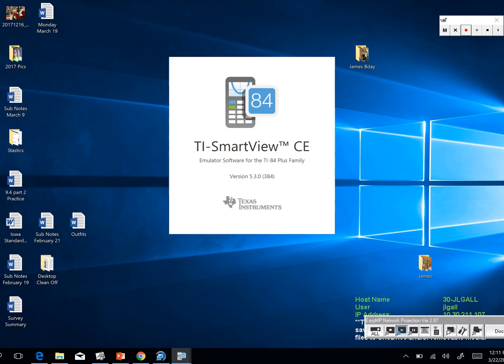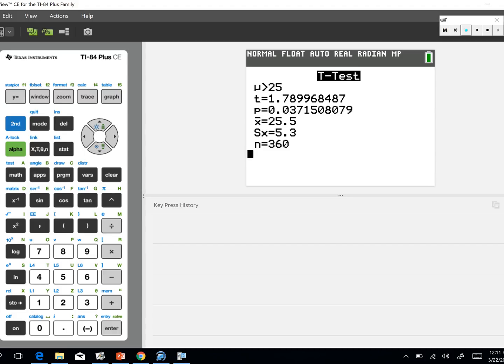Maybe. There we go. And calculator steps are also on page 459. We go to stat. Hang on, mine's not working for some reason.